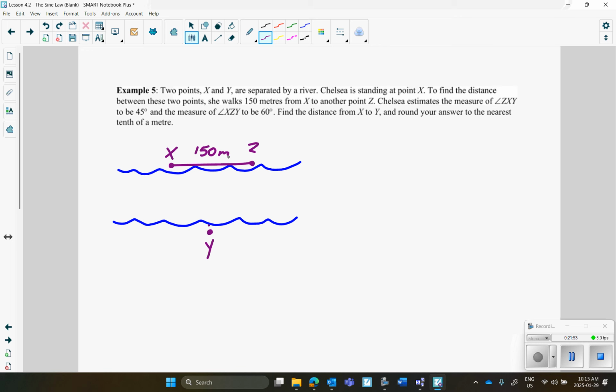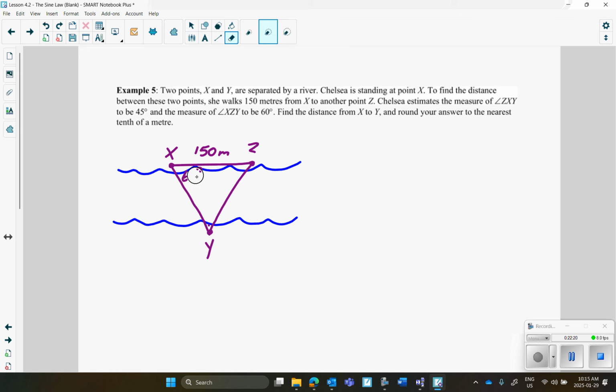She can then use an angle instrument to figure out two angles. The angle from when she's at X, or ZXY, which is 60 degrees, and the angle when she walks to point Z. Sorry, this is 45 degrees.